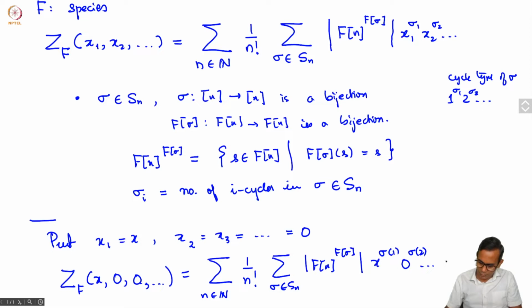Now remember, it's always the convention that 0 to the power 0 is equal to 1. It's an empty product. Doesn't matter what you're multiplying.